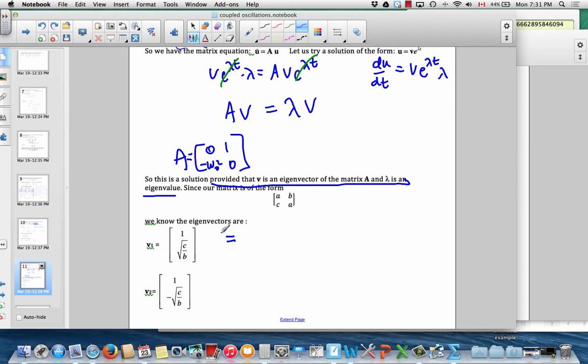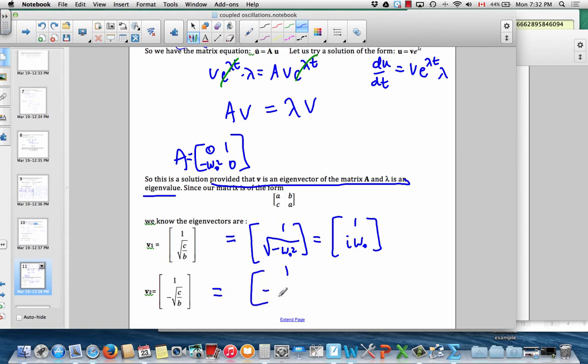So it is 1, and then C over B. C is minus omega naught squared. So this is the root of minus omega naught squared. That's the second entry in the eigenvector. Well, the root of omega naught squared is just omega naught, and the root of minus 1 is i. So this is a complex eigenvector. Same thing here.